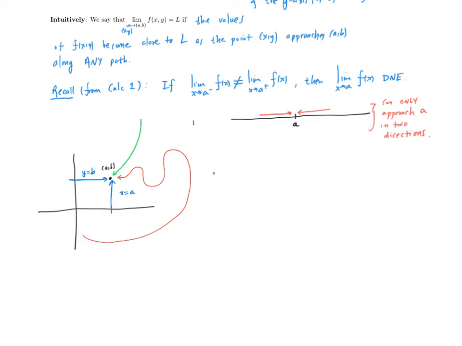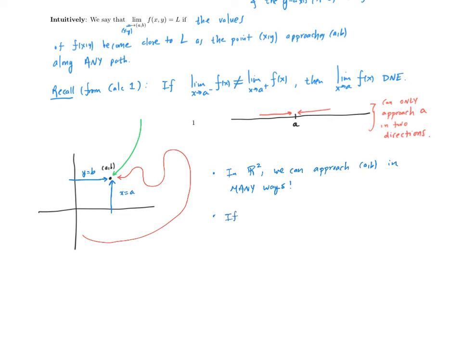So the big note here is that in R2, so two-dimensional space, we can approach this point of interest in many, and by many I really mean infinitely many, ways. But this gives us a really nice way of showing when a limit does not exist.